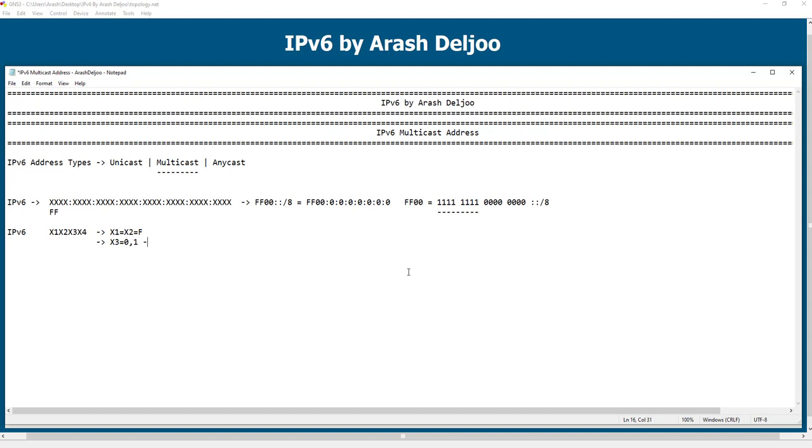If it's set to 0, it means 0000 in binary, and if x3 is 1, this means that we are using 0001 in binary. Now, if you are using x3 with 0 value, this means that this is a permanent IPv6 multicast address.